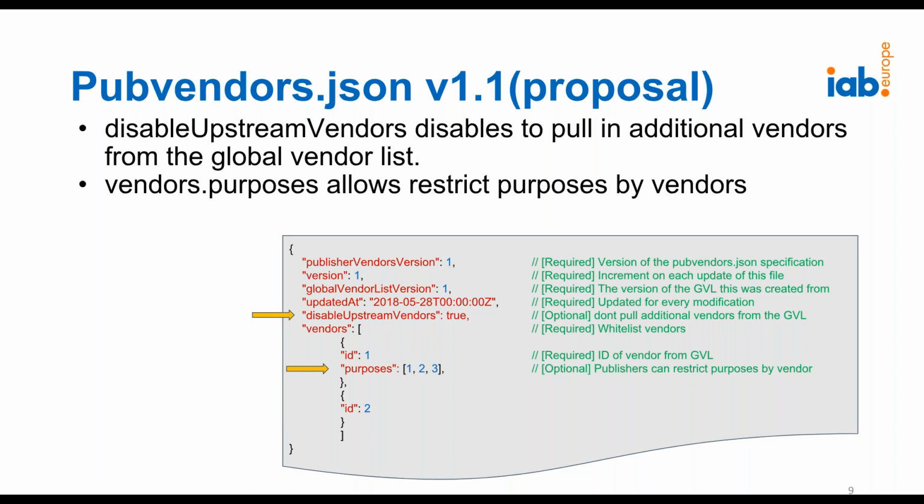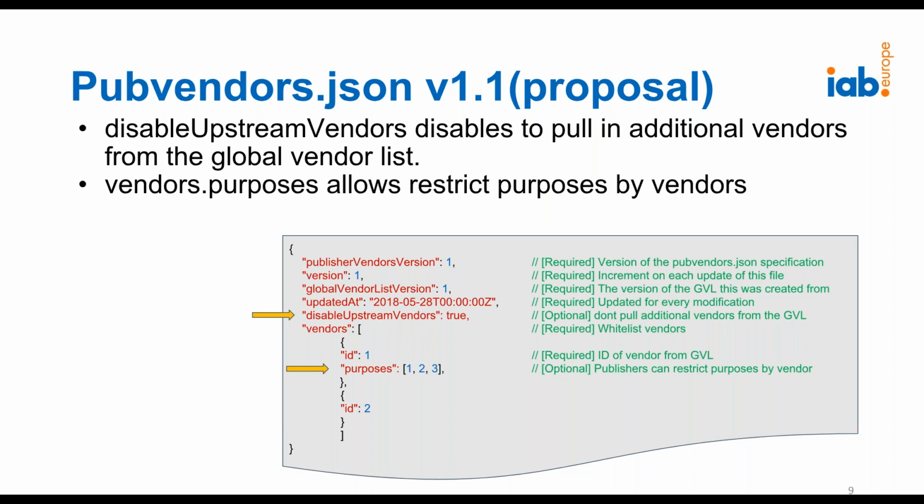So they can say, I have vendor 1, let's say this is Quantcast. Quantcast specified in the global vendor list, and we enabled all the purposes, but the publisher has a contract with Quantcast and said, no, this is not right, I only allow purposes 1, 2, and 3.